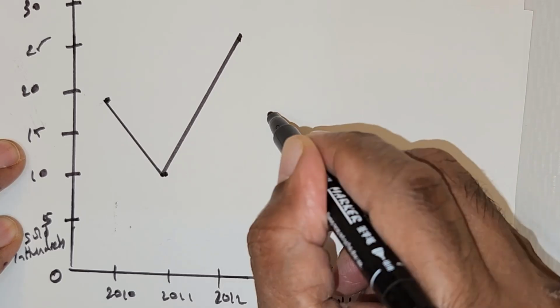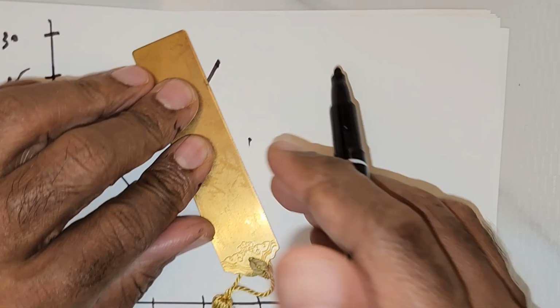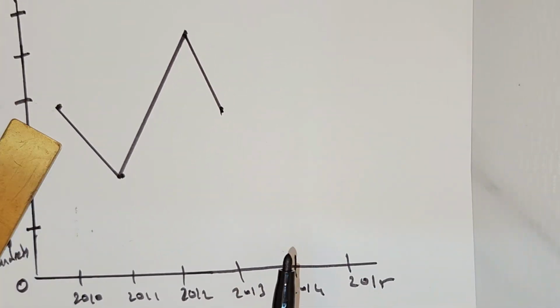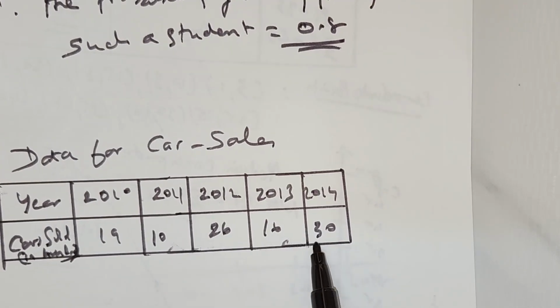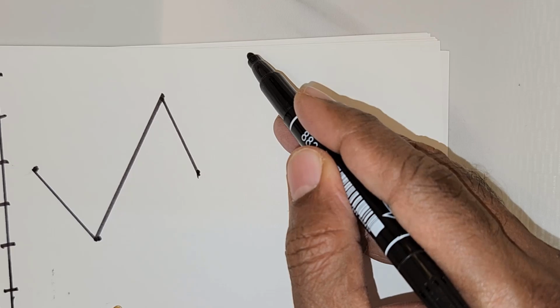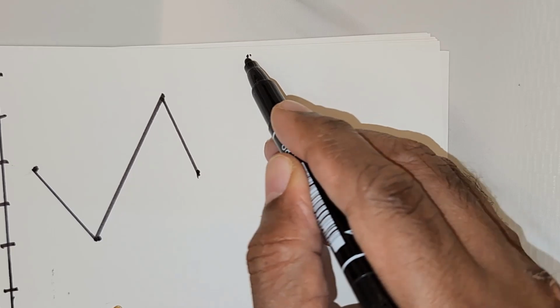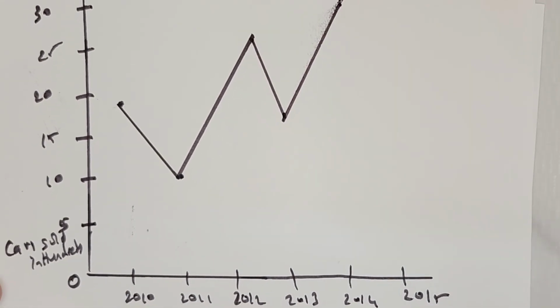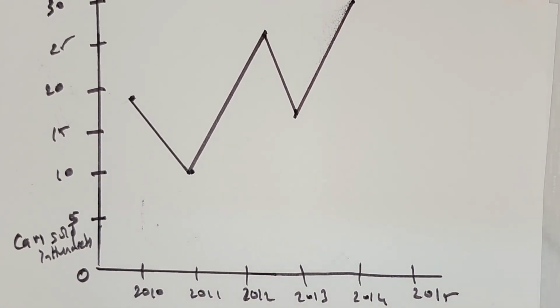This comes somewhere over here. So connect it. 2014, 30 cars, comes somewhere over here. That's the point. Okay, so this completes the graph of this question.